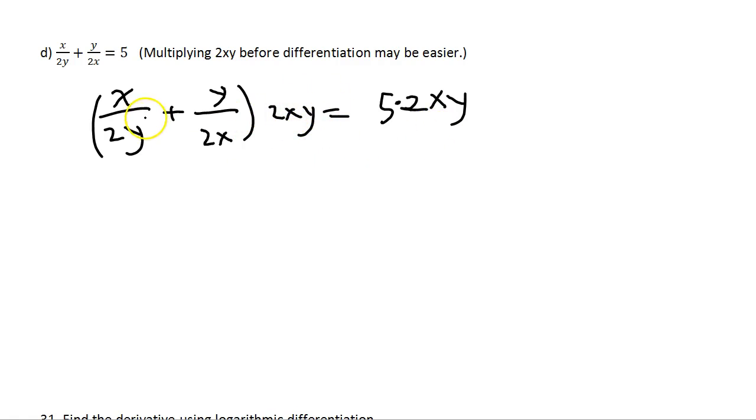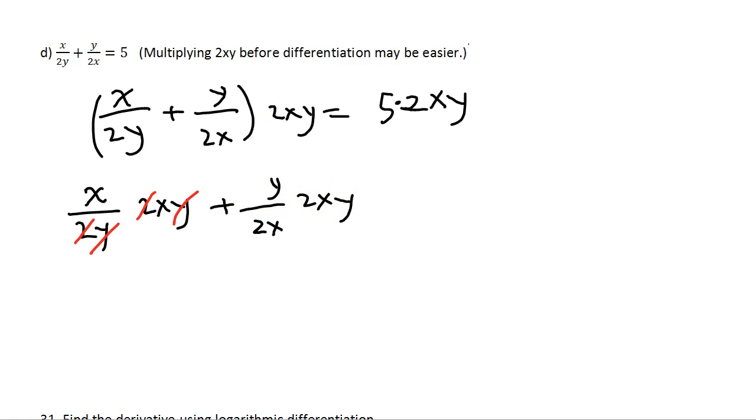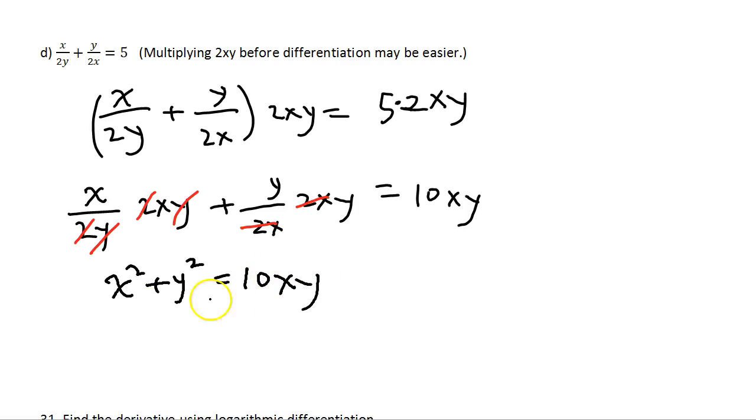Now, if I multiply 2xy to the first thing, 2 and 2 will cancel, and y will cancel, and I'm going to get x squared. If I multiply 2xy to the second thing, the 2x and 2x will cancel, and you're going to get y squared. 5 times 2 is 10. So you end up with x squared plus y squared equals 10xy. Okay, I think this is much simpler than before.